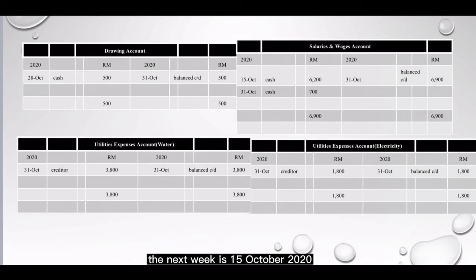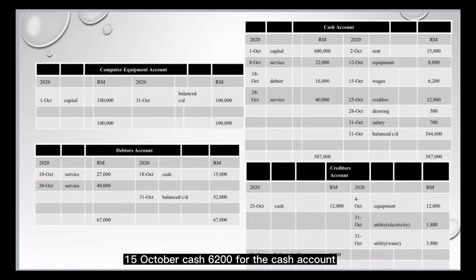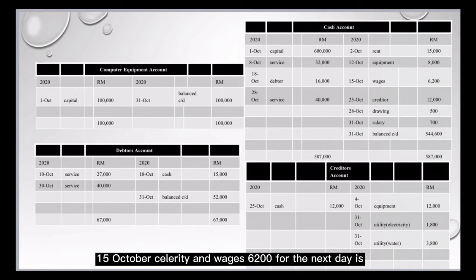The next date is 15 October 2020. The first one is salaries and wages account. For the debit side, 15 October cash 6,200. For the cash account, the credit side 15 October salaries and wages 6,200.